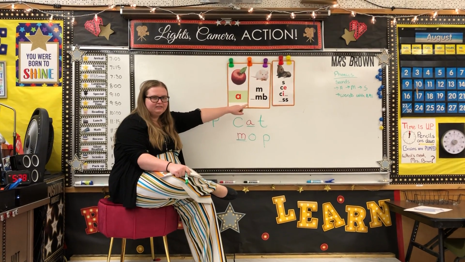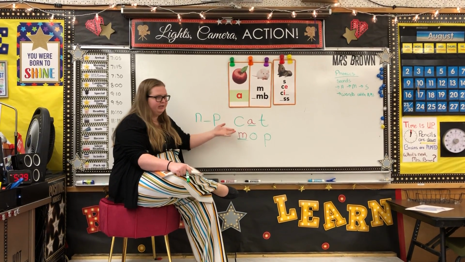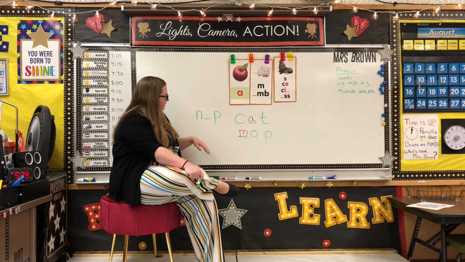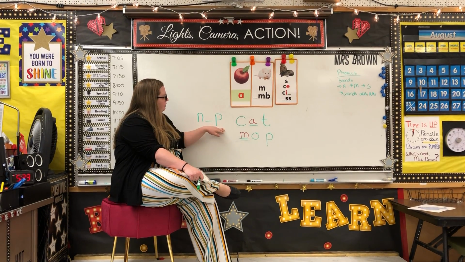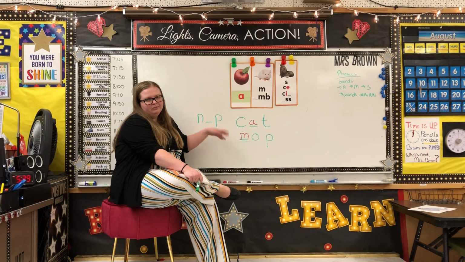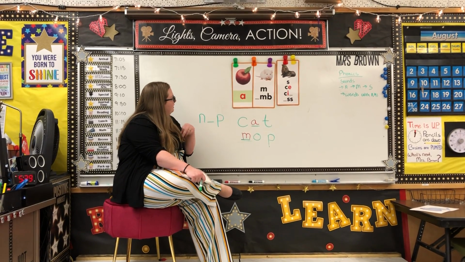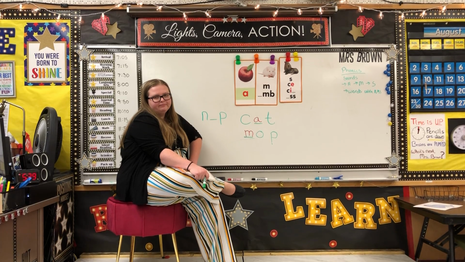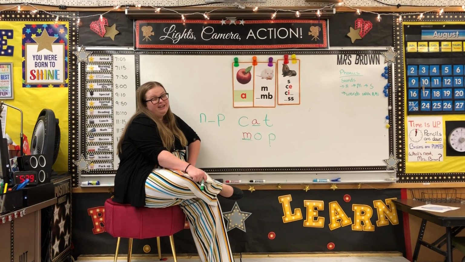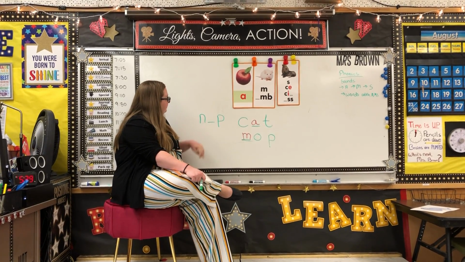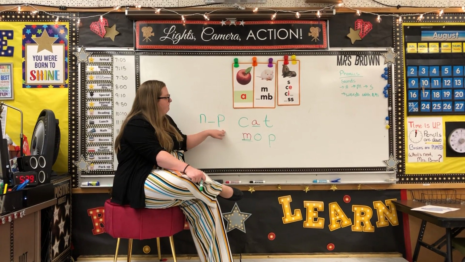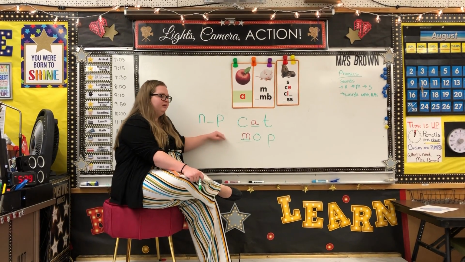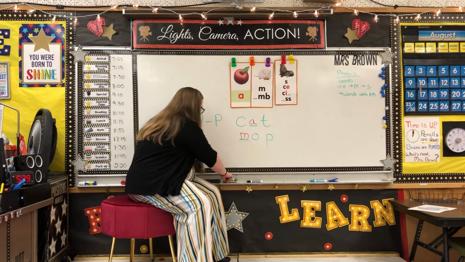Let's try the S. Because we don't have one with an S yet, so let's give it a try. Nope. That's not a word. What do you think we should try next? I think we should try the A. Nap. Yes, Mrs. Brown wants a nap.